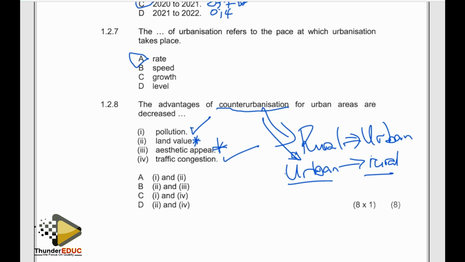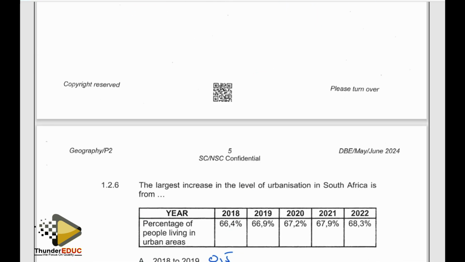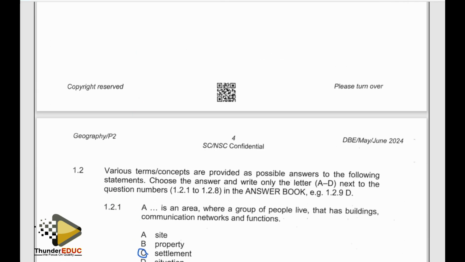If there are fewer people, traffic congestion will decrease because the number of vehicles on the routes will decrease with the population. So item 1 and item 4 constitute our correct combination of responses, which falls under letter C. Right, we are done with the multiple choice section.